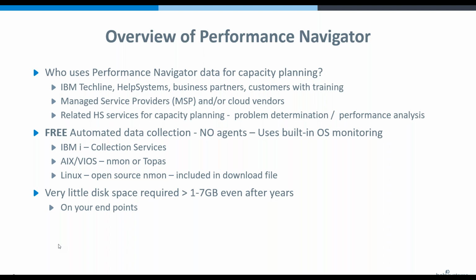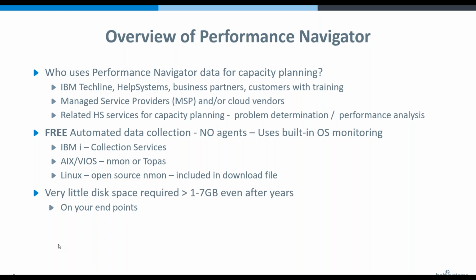On IBMi, we're using the job scheduler that's built in, or Robot Schedule if you have that installed, for running the collection process. But the key to this is it's free, and you have to have this flight recorder in place running, and the more data we have, the better predictions we're going to do.